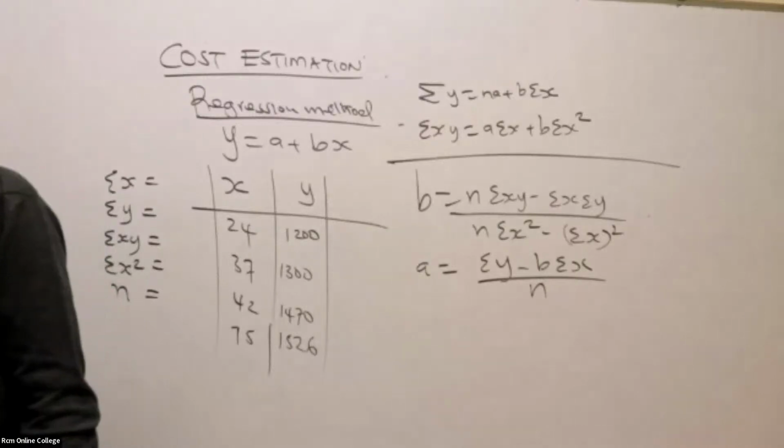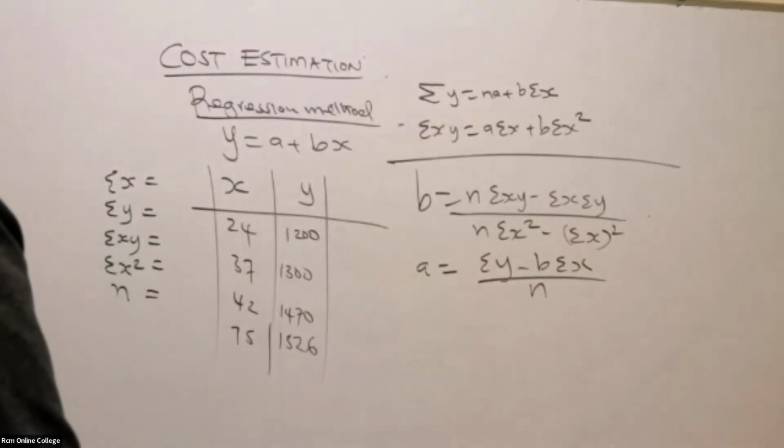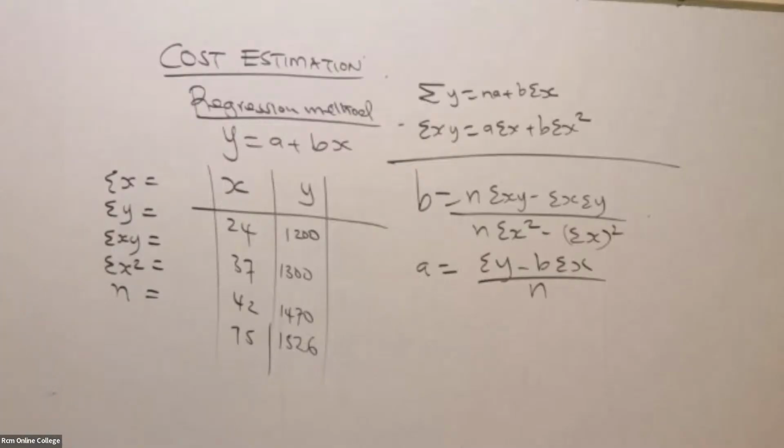Now, this is what I'm trying to explain here, and I want us to do it together. When you now get to advanced level, that is advanced management accounting, this is what you will be subjected to.